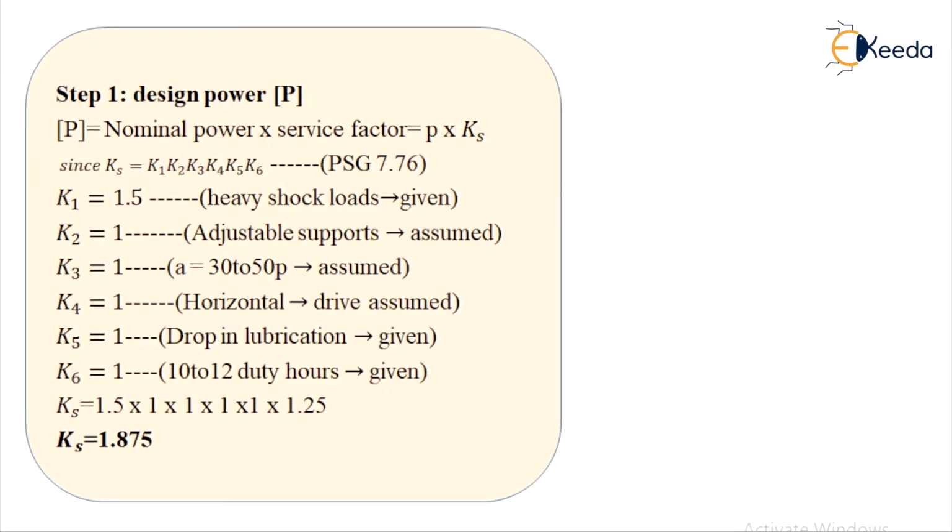K5 is equal to 1 for drop-in lubrication, which was given in the problem statement. And K6 is equal to 1.25. This is for the duty hours, which is 10 to 12 hours, again given in the problem statement. Therefore, if I write down Ks is equal to 1.5 into 1 into 1 into 1 into 1 into 1.25, I get the answer for Ks as 1.875.